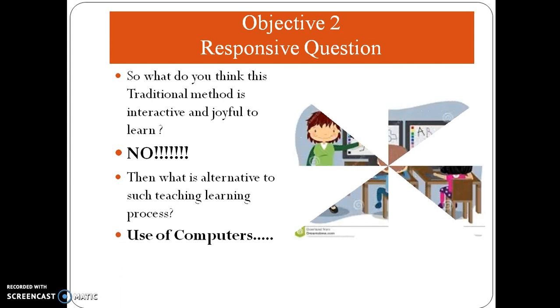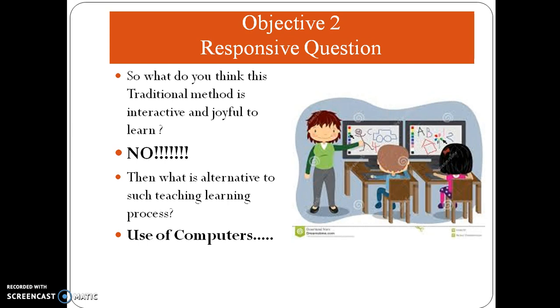In this image, we can see that a few students are sitting in front of a computer system and a teacher is explaining what the computer system is performing in their respective subjects.